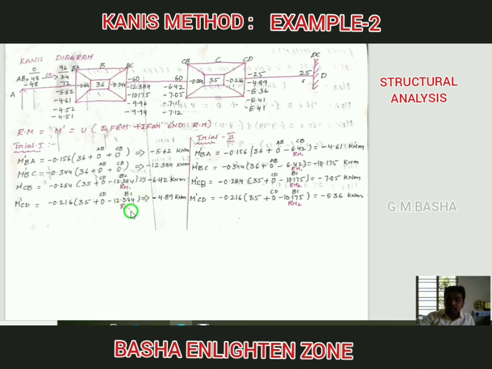If you simplify this, you get minus 4.89 kilonewton meter. After simplifying, immediately write it down here, for the CD rotation moment and for the CB rotation moment. So after calculation of the first trial, you will get all these first rotation moment values.